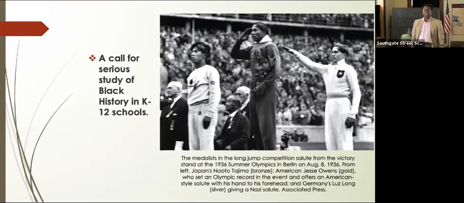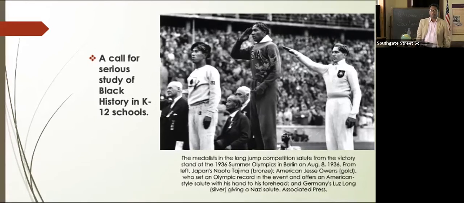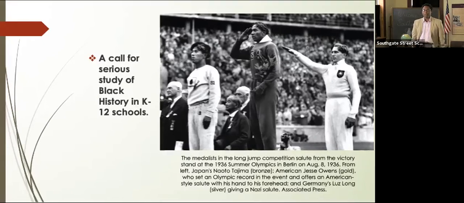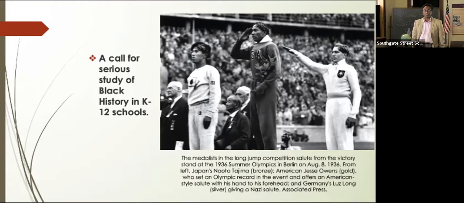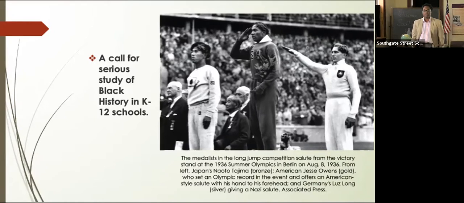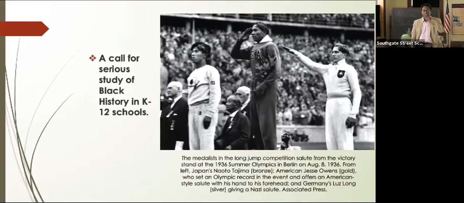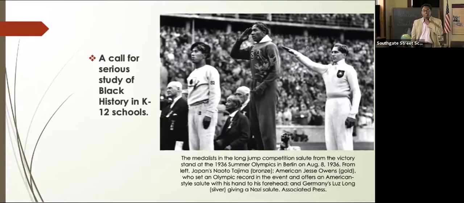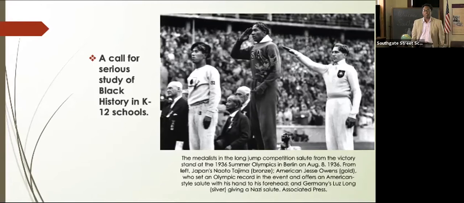Just a description of the image, the medalists in the long jump competition you see here, they salute from the victory stand at the 1936 Summer Olympics in Berlin on August 8th. From the left, you see Japan's Naoto Tajima, the bronze medalist.